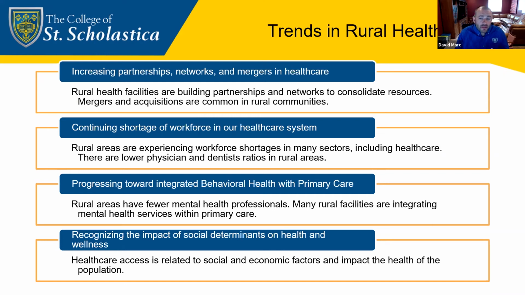When we think about other aspects of care that need to be understood, we see that the social determinants of health are something that should be emphasized and understood in the rural market. This is where social and economic factors can impact the health of the population by introducing challenges around access, affordability, and quality of care in certain areas.